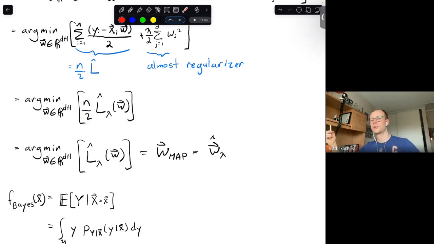Maybe you have some prior knowledge that the weights should be a certain way. Or maybe your prior knowledge is that the predictor shouldn't be too complex. Your data kind of looks like a line, you visualize it, or it looks like it could be modeled by a pretty simple function. So you say, okay, lambda should be pretty large because there's no way the solution should be really complicated. So this is your prior knowledge.